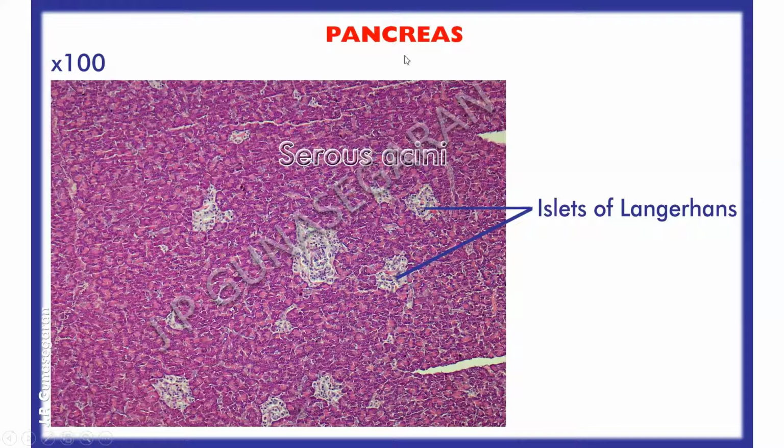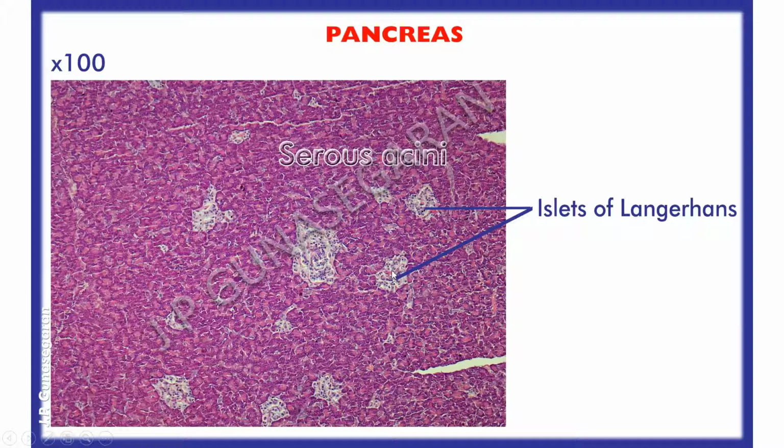Now come to the pancreas. Pancreas is an exocrine and endocrine gland. The exocrine part of the pancreas is formed by serous acini and the associated duct system. The endocrine part is formed by islets of Langerhans.